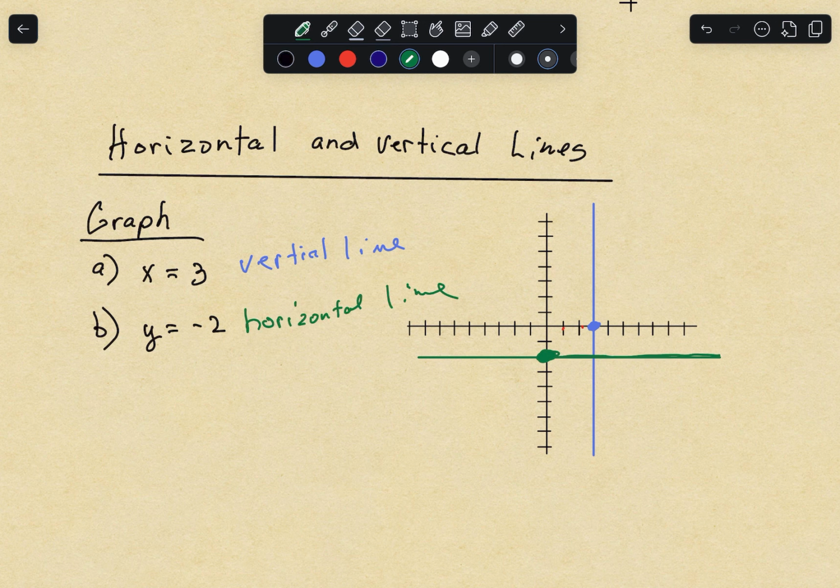And that's all you need to know about these. These are pretty easy. If x is a constant, it's a vertical line. And if y is a constant, then it's a horizontal line. That's all you have to know.